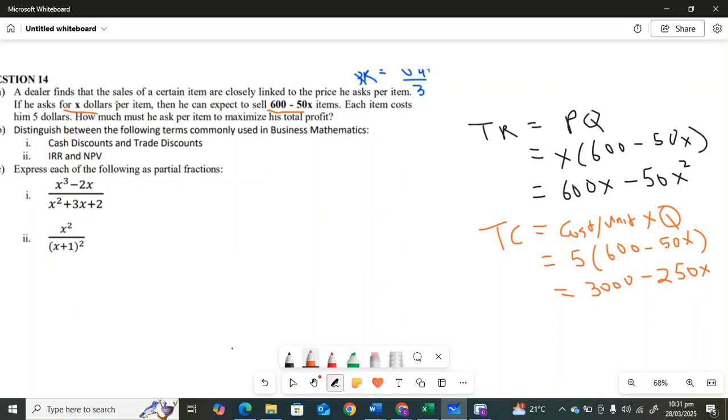Okay, so we're going to start with the economics way of doing this. Although both ways are still mathematics, you see this usually in economics.